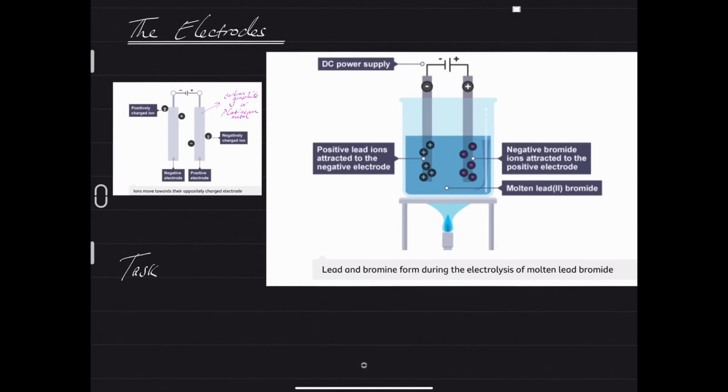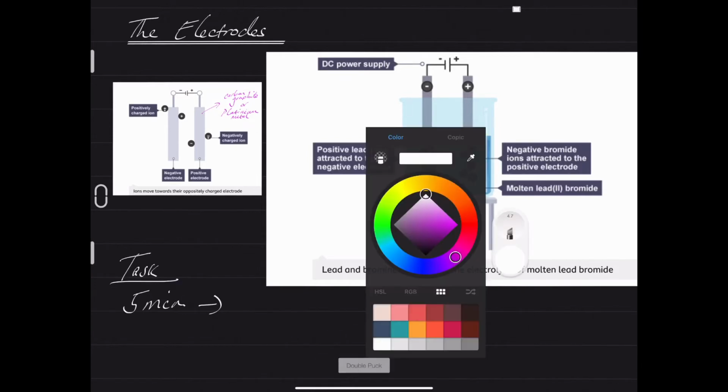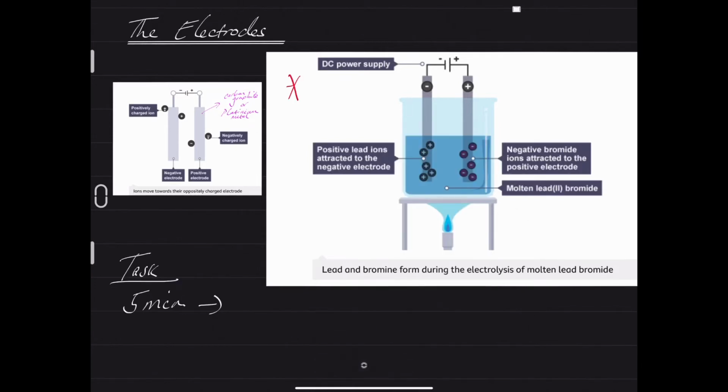Take 5 minutes and sketch this complete electrolysis diagram and label it as you see it here. Notice that you need a complete circuit. If you had any breaks in the circuit, i.e. you did not have an electrolyte solution, or you did not have the electrolyte in its molten state, then you would have an incomplete circuit. So just be aware of that.